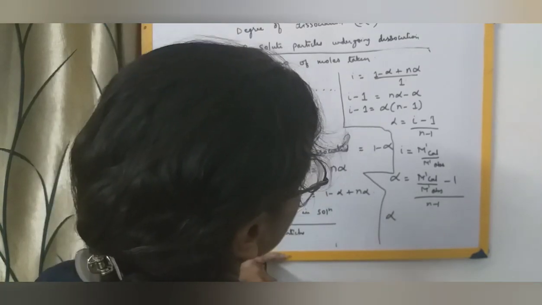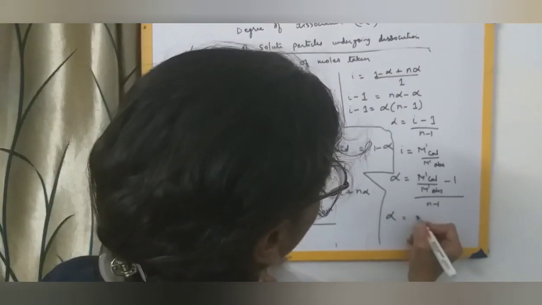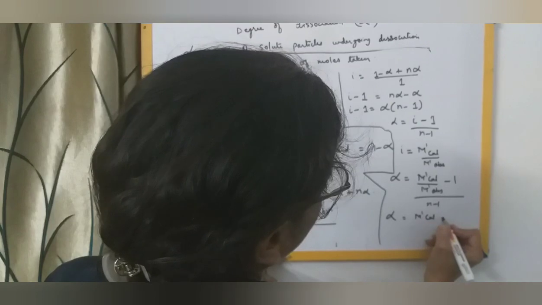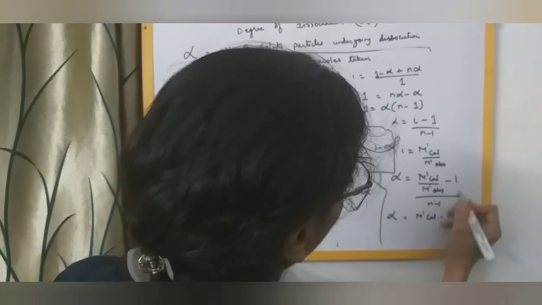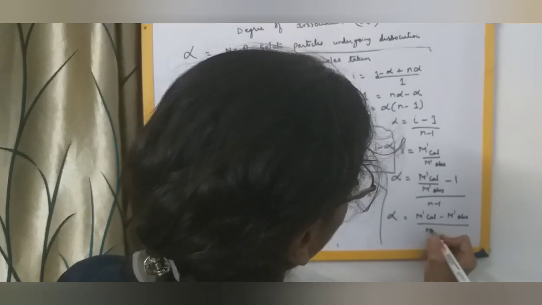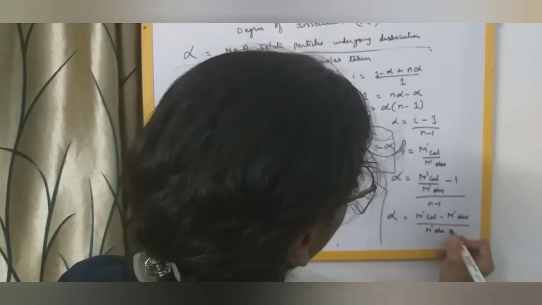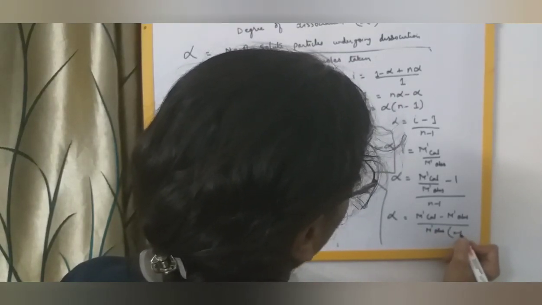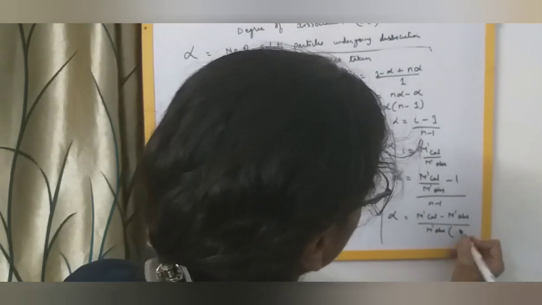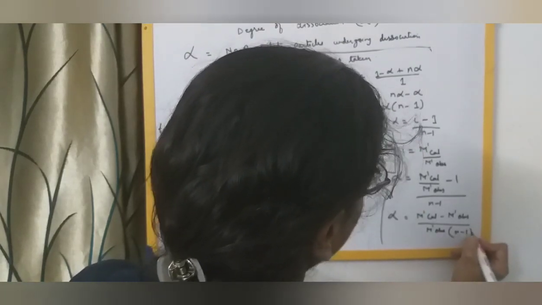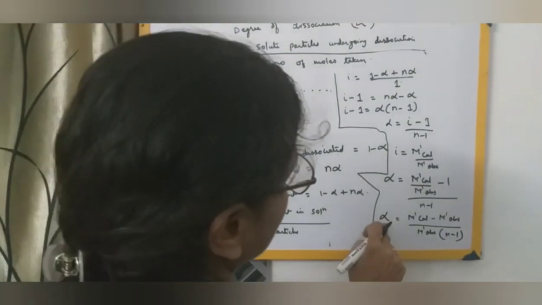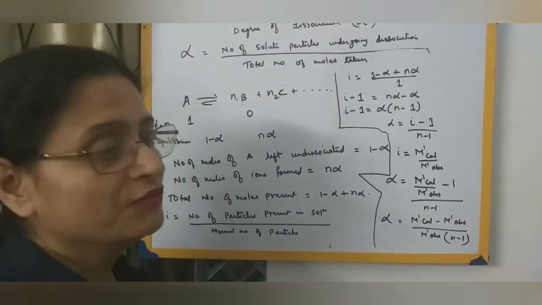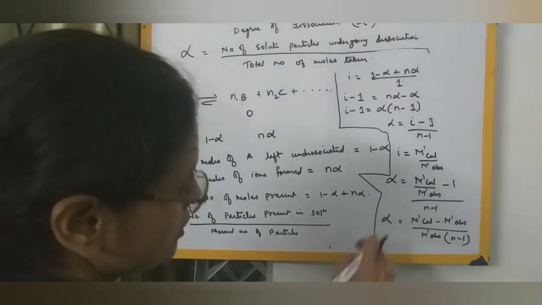Therefore, degree of dissociation alpha is equal to m dash calculated minus m dash observed, upon m dash observed into n minus 1. So we get the relationship for finding the degree of dissociation.